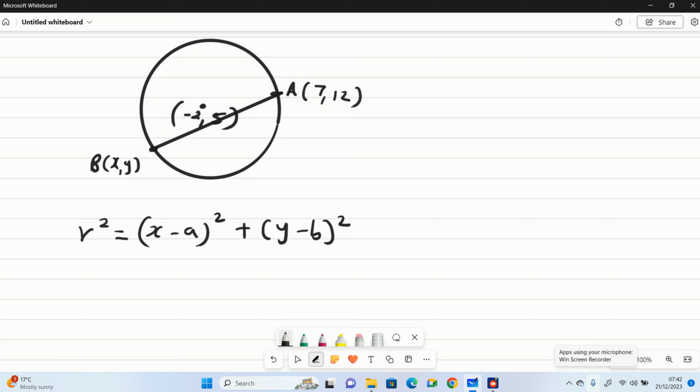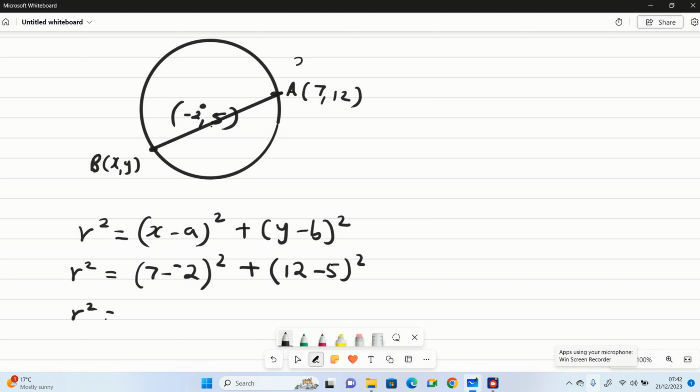So we are going to have our radius squared calculated as follows. We'll treat the point on the circumference as (x, y) and the point at the center as (a, b). So we're going to do (7 minus negative 2) squared plus (12 minus 5) squared.